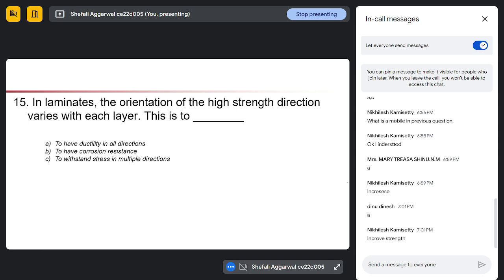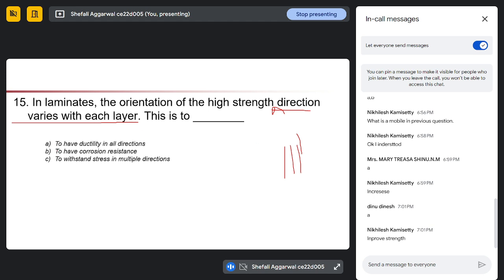In laminates, the orientation of the high strength direction varies with each layer. Some word is missing from here. So in laminates, the orientation of your layer matters the most.